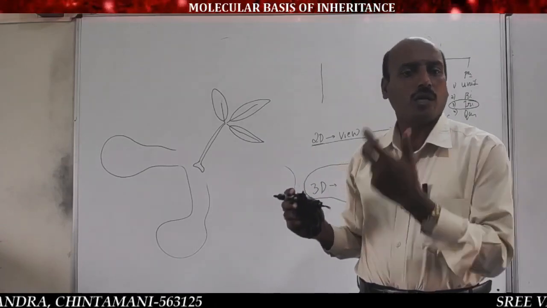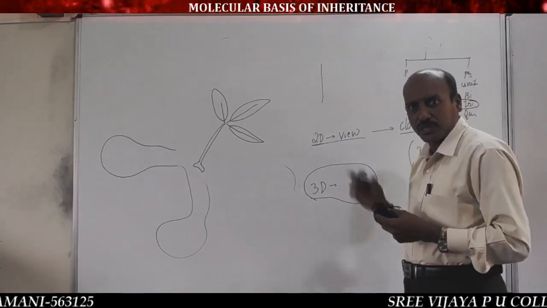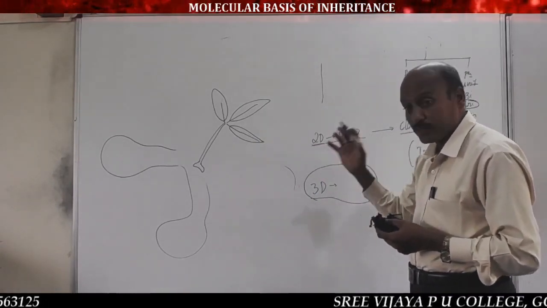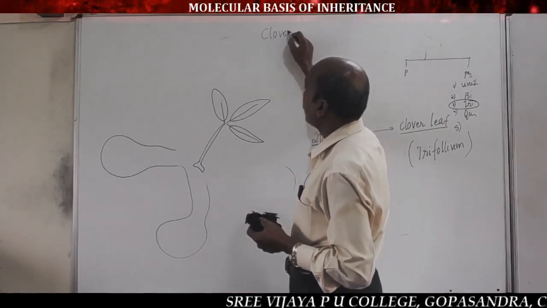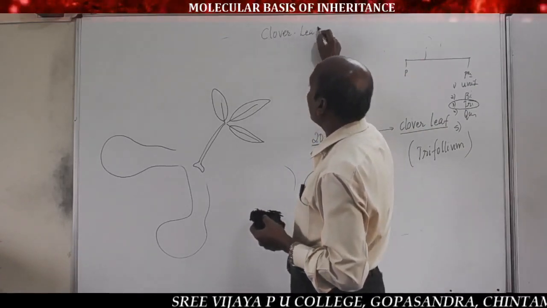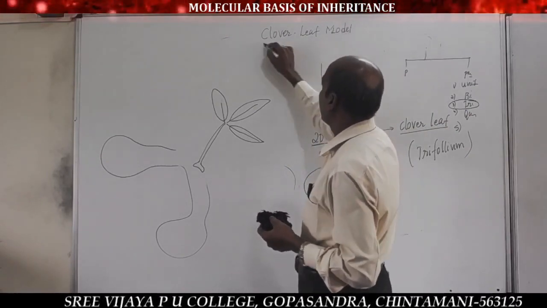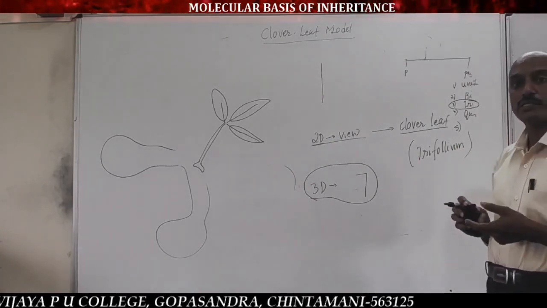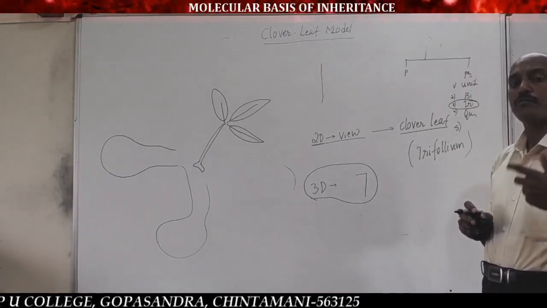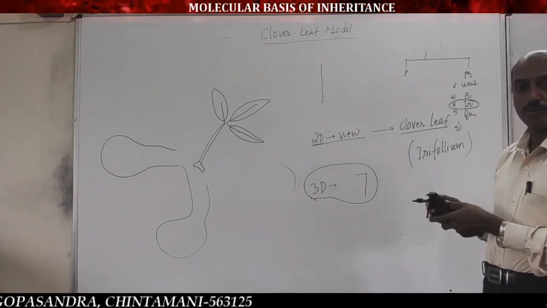An example is the clover leaf, Eugenia caryophyllata, its scientific name. That's why such tRNA is also called the clover leaf model of tRNA. Very important. Why? Because it resembles a trifoliate compound leaf.